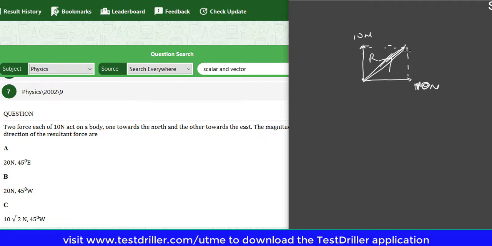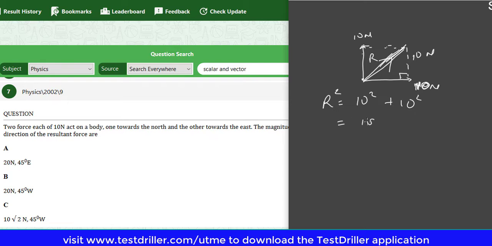This side is the same as this side, so this is also 10 Newton, right? And this is also the same as this. But let's just work with this information. This is 90 degrees. This is 10 Newton, 10 Newton. So what do you think would be the value of the diagonal? You can apply Pythagoras theorem, and that's very straightforward. You just say r squared, the square of the hypotenuse, is equal to the sum of the squares of the other two sides.